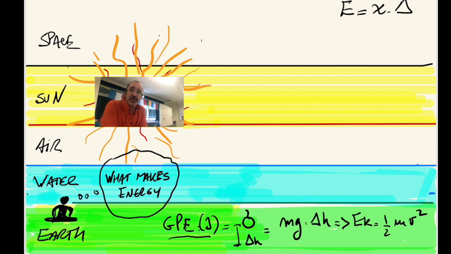What happens with the energy of water? How do we have hydraulic energy? To have hydraulic energy, we need to trap a volume of water in a dam, for instance, and then make that volume of water push a turbine. That transforms, again, gravitational potential energy into kinetic energy.